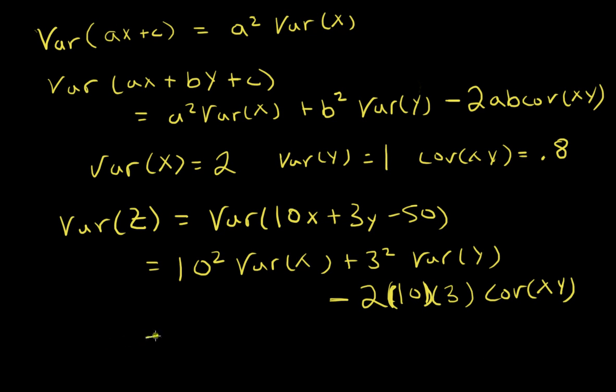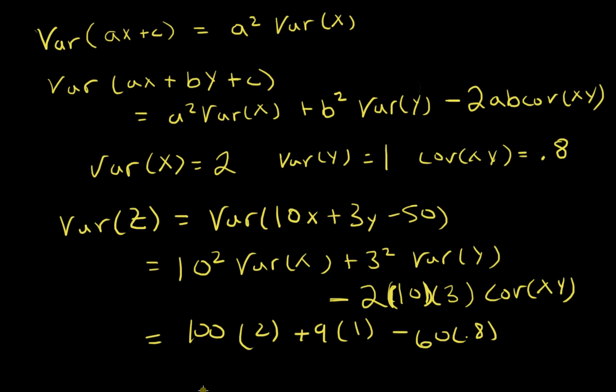All right, so what do I have? I have 100 times 2 plus 9 times 1 plus 2 times 10 times 3, which is 60, times 0.8. All right, so I'll go ahead and pull up my calculator.